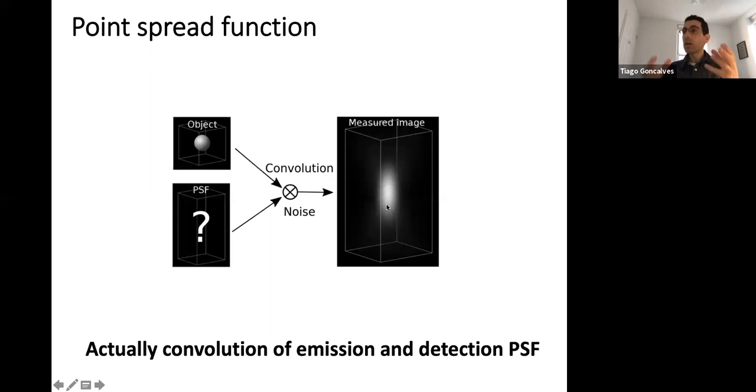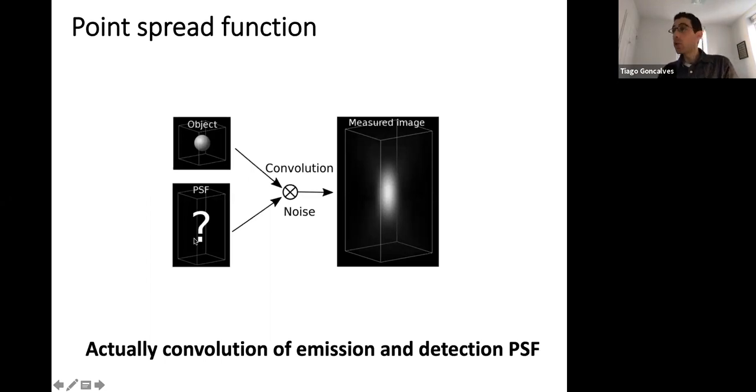The function that characterizes this is your point spread function, which, as the name indicates, is what a point actually turns out to be when you image it with your imaging system. It will not be a point, it will be a blob. Your measured image is basically a convolution of whatever your object is with your point spread function.